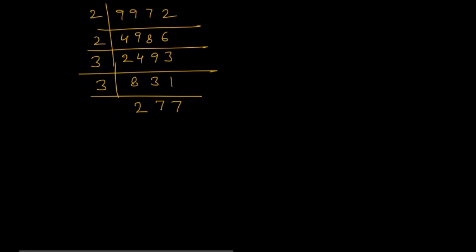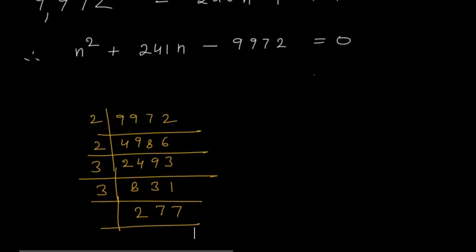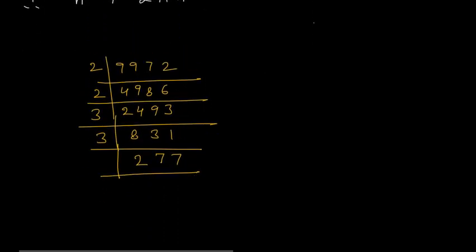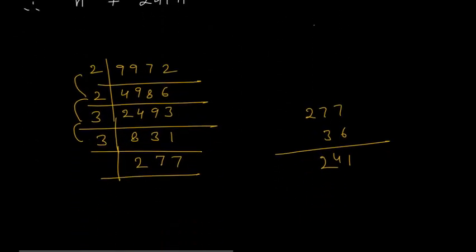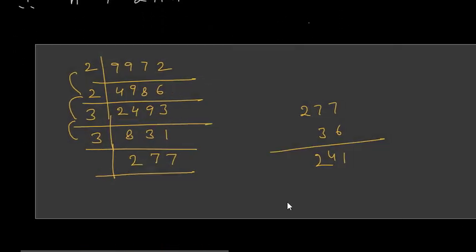277. What do we want? We want 241. Here 3 times 3 is 9, 9 times 2 is 18, 18 times 2 is 36. So 277 and 36. If we subtract, we get 241. And what do we want? 241. So okay, it's done, right?